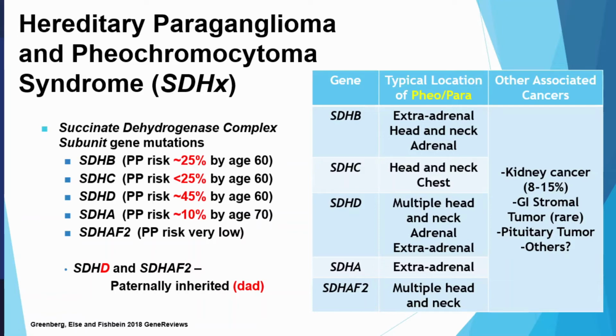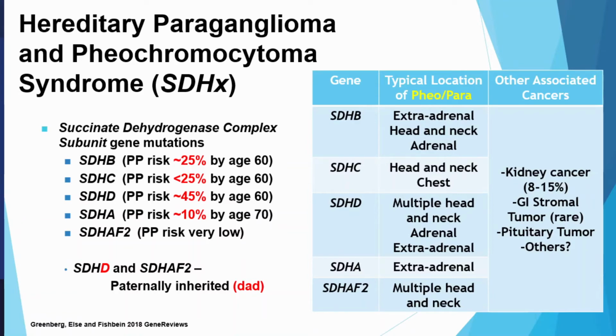If that person does not carry a variant in any of these genes, the risk to the children is the same as the general population. But if that person with a Pheo Para has a genetic variant in one of these genes, or the prior ones I talked about, the risk for their children to inherit it is about 50%.